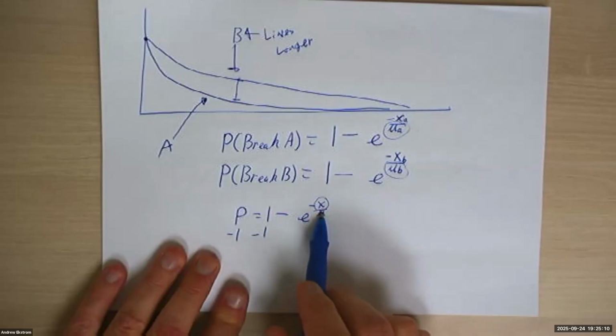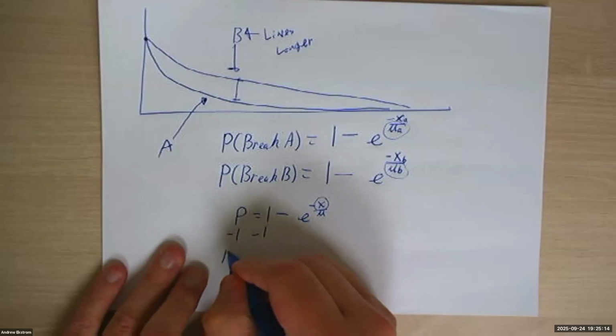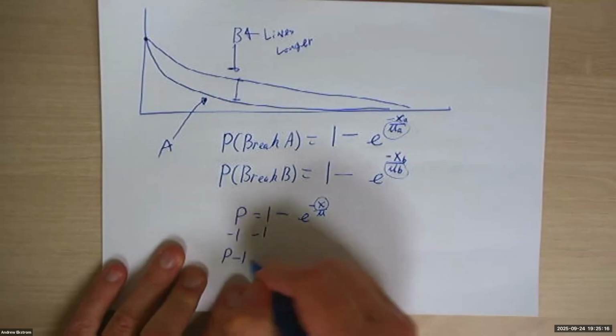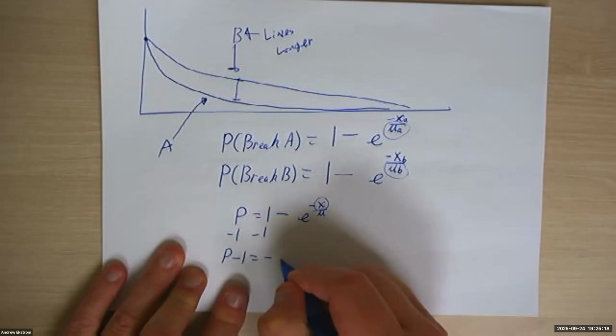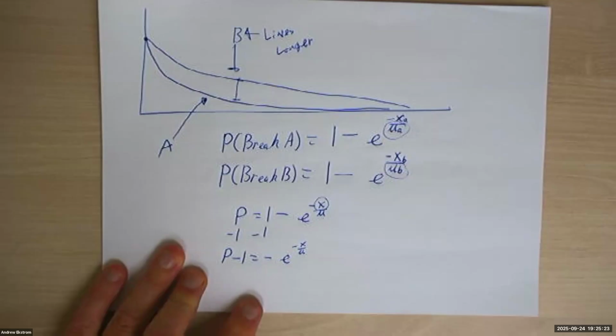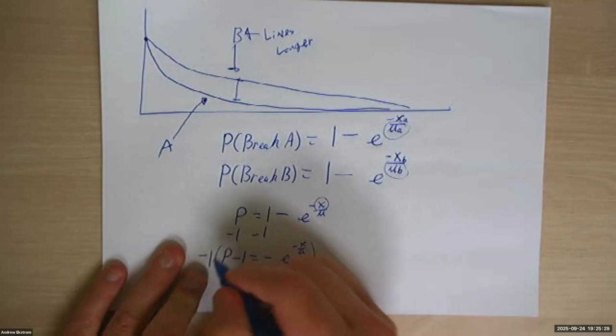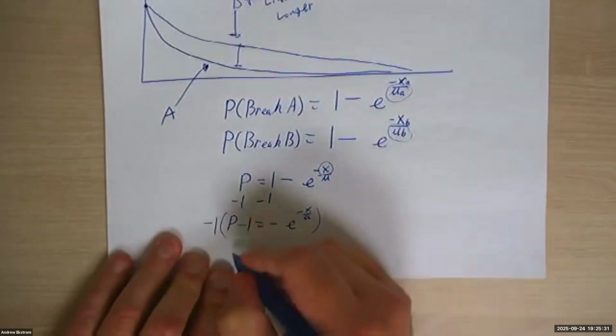I want to isolate what I've got here. So I've got to take this 1, put it on the other side. So that's going to be p minus 1 equals negative e to the negative x over mu. Because I've got the negative here, multiply everything by negative 1.